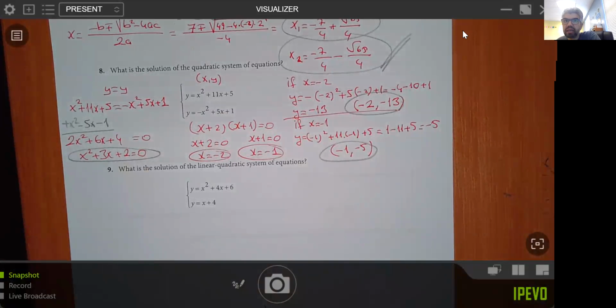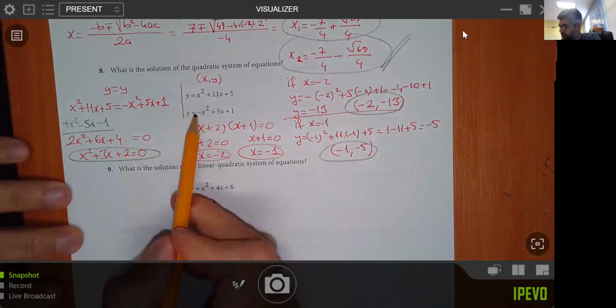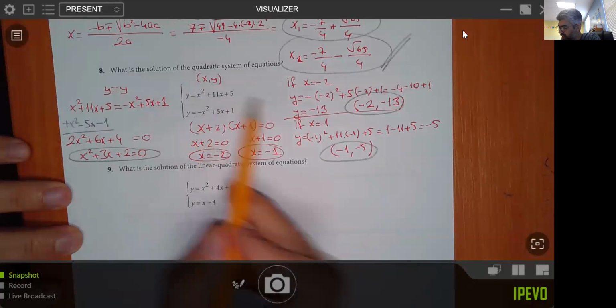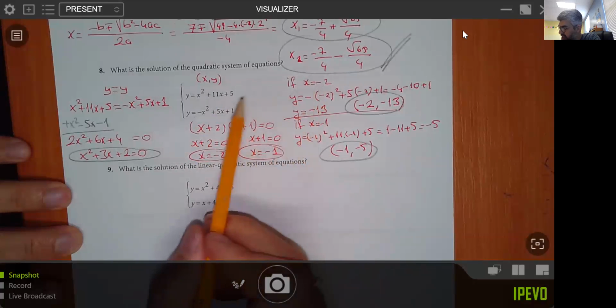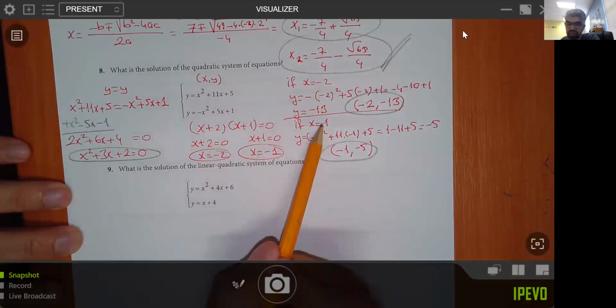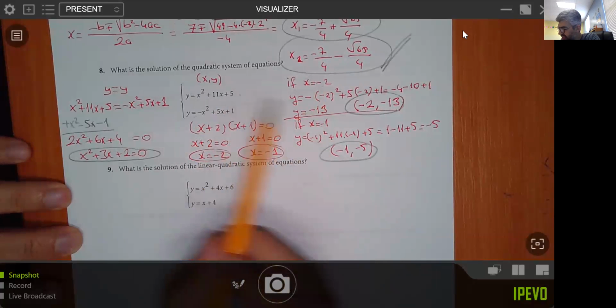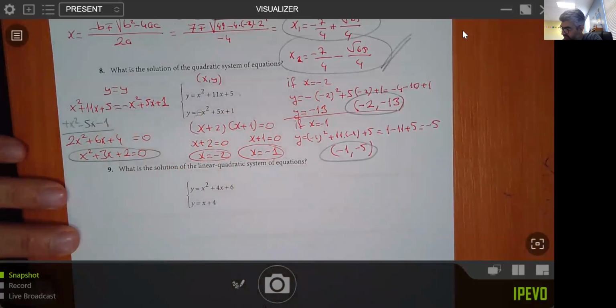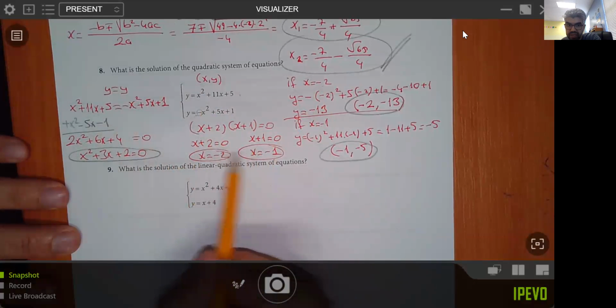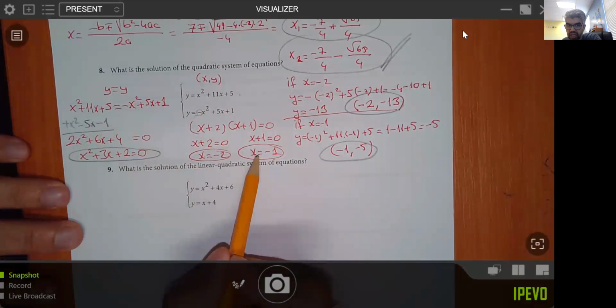You are right, it can be plugged into any equation. We have two equations. You see, I plugged minus 2 into the second, but I plugged minus 1 into the first. I realized that this minus may confuse me, so I changed my equation. It doesn't matter, since these are the common points, yes, guys?